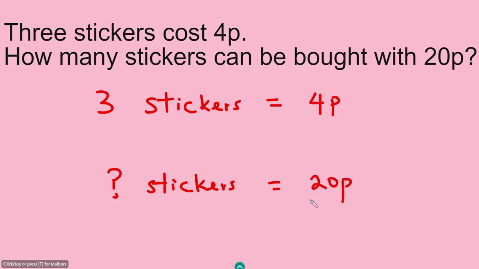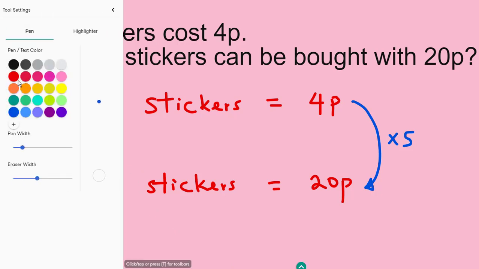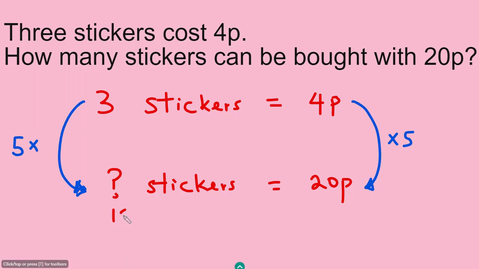Like the previous one, what we need to figure out is how to move from 4p to 20p. An easy thing to do is to multiply 4 by 5, right? That gives you 20p. Now, whatever you multiply on the right, you do the same on the left. So if you multiply 3 by 5, you definitely get 15. So that means you can get 15 stickers for 20p.